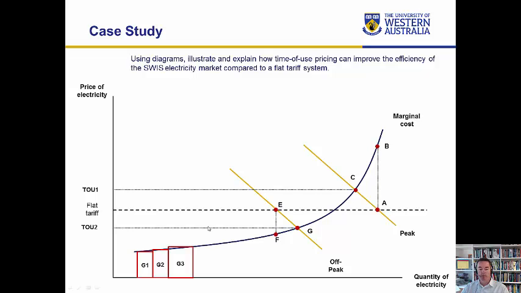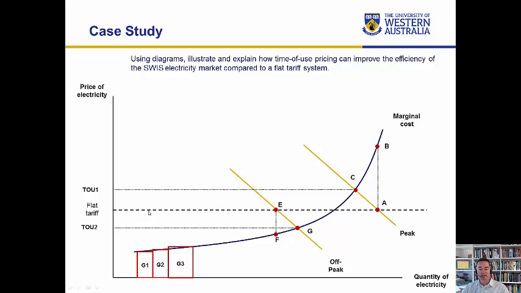Okay, now one problem with a flat tariff is the following. I should mention these demand curves are the total demand for electricity across the Swiss network. So this is every individual household and business aggregated up, their demand at different prices. So it's total system-wide electricity.